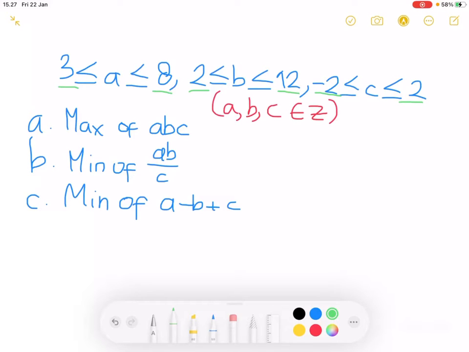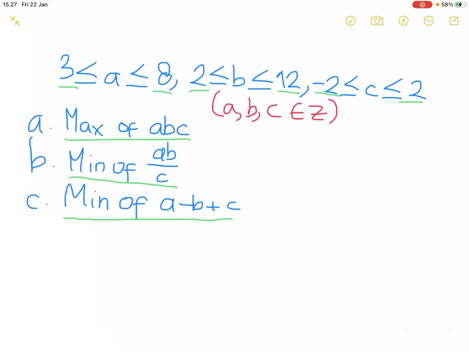Okay, so for the first part, we're going to find the maximum of A, B, C. And next, we're going to find the minimum of A, B over C. And finally, we're going to find the minimum of A minus B plus C. So if you encounter something like this, where you have more than two variables in given specific intervals, you can just do the same trick as we did in the last examples.